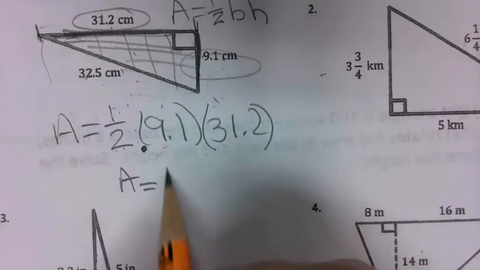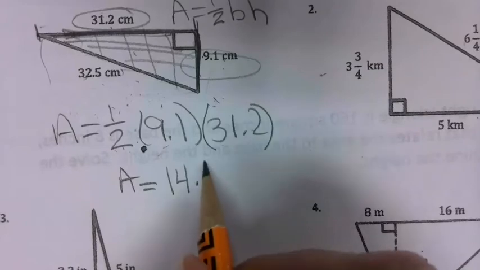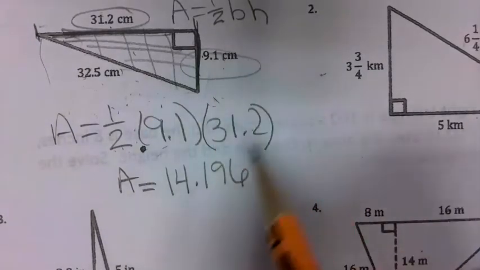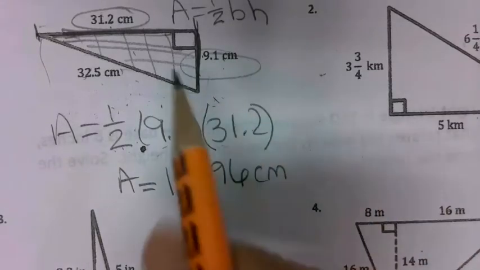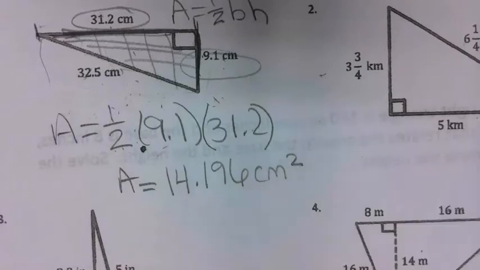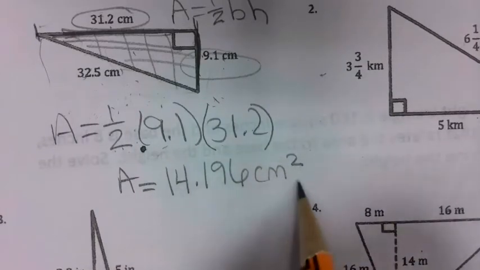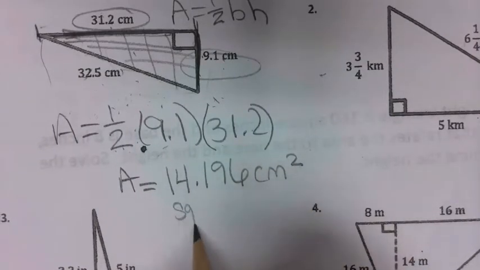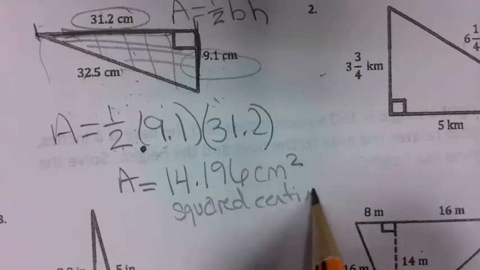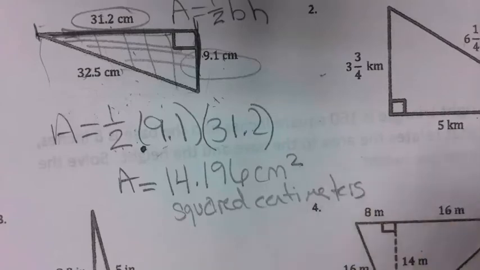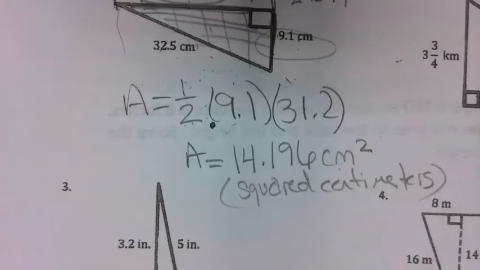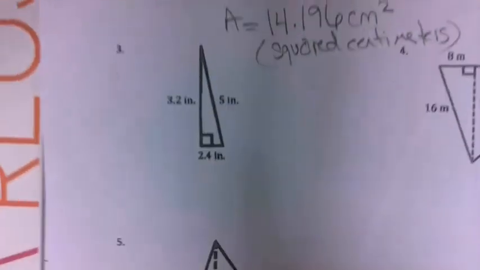And when I put that in, it is going to give me 141.96. And remember, what units are these? These are centimeters. And because you're finding area, you're making those little squares, it's squared. So I could write it with the abbreviation, or I could have written squared centimeters. That's what this means. I'm just going to keep writing the abbreviation just so I don't waste time.